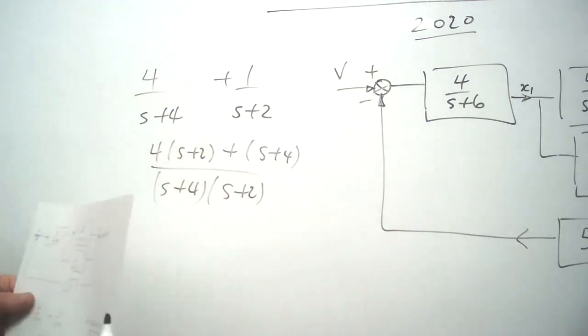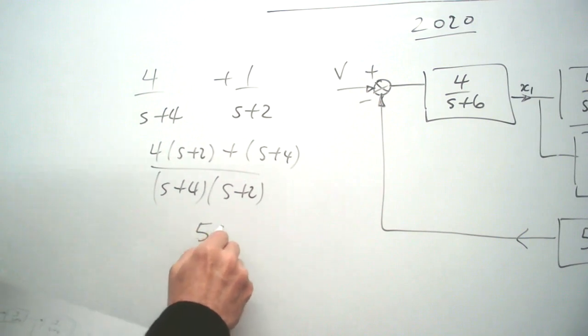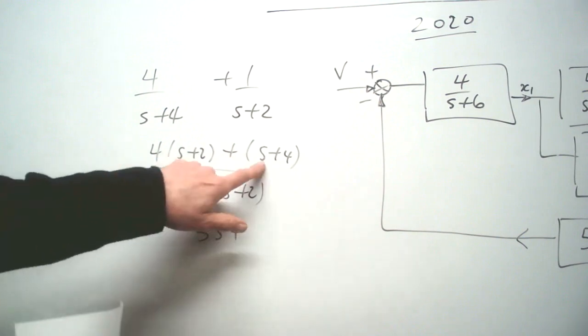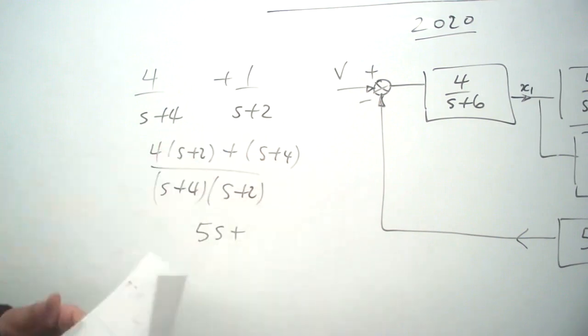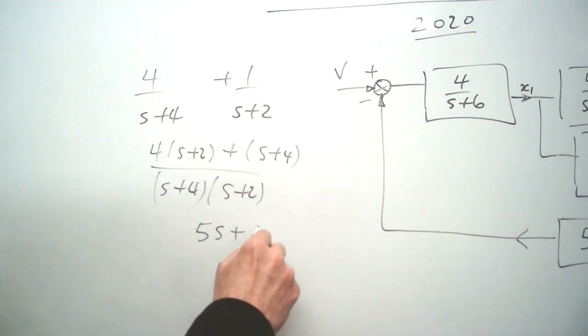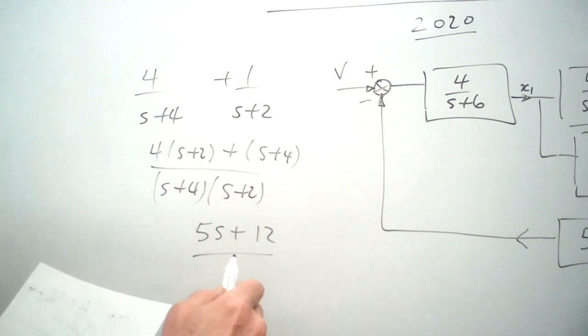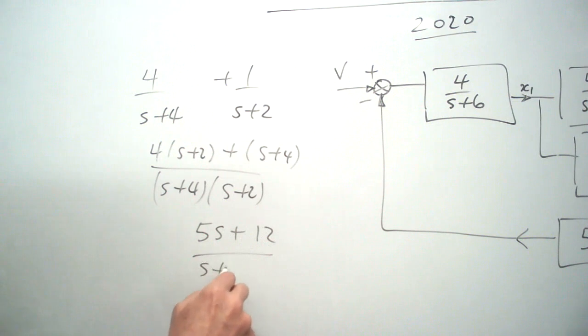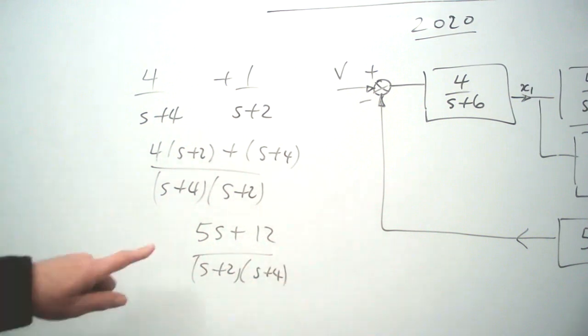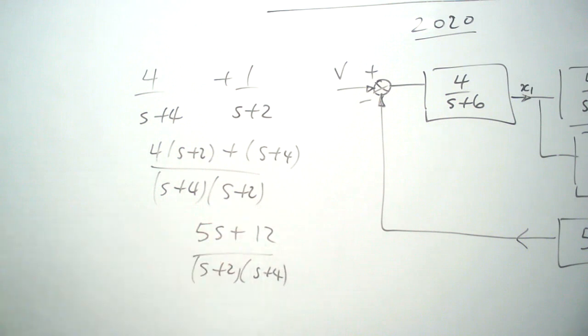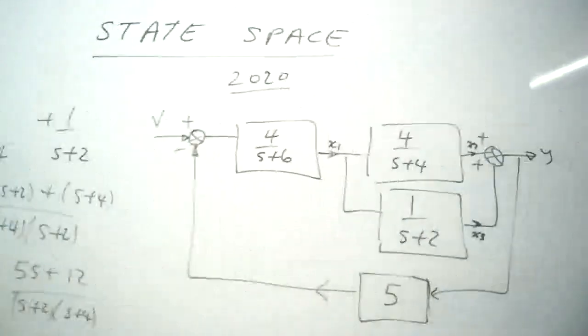So that gives us 4s plus s is 5s, and 8 plus 4 is 12, so it's 5s plus 12 over s plus 2, s plus 4. So that's the first little bit there.